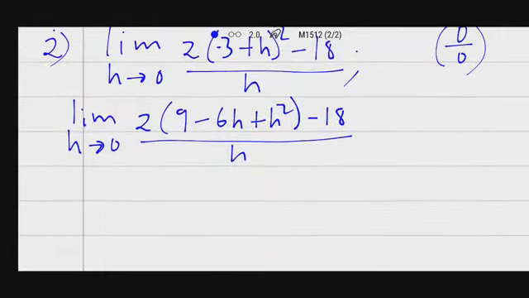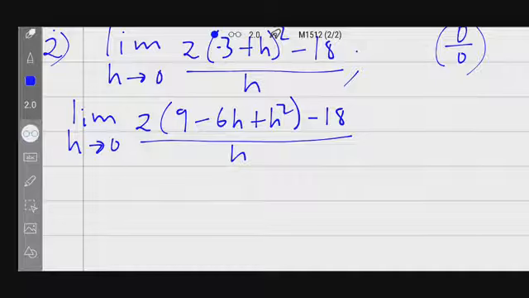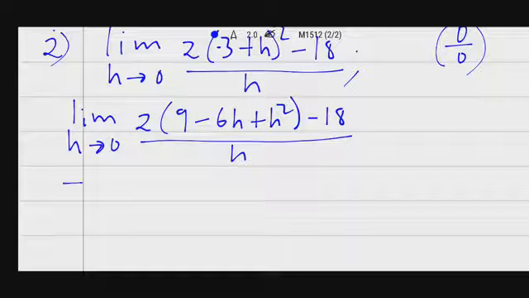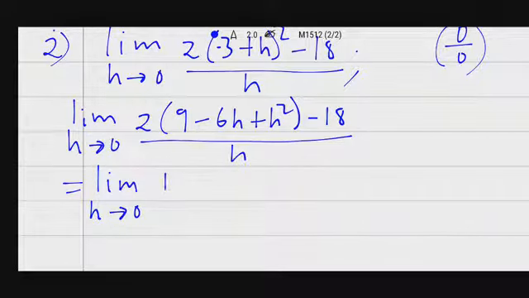So in this case, then you go again. You have the limit as h goes to 0. If we simplify again, you have 18 minus 12h plus h squared minus 18.